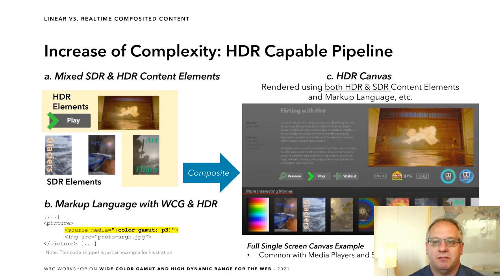The complexity of the rendering pipeline increases when content that offers properties that go beyond SDR is introduced. Such content is commonly called high dynamic range or HDR. Now, the challenge for an HDR-capable rendering engine is that it must be able to ingest content elements with varying encodings, luminance brackets, and color gamuts, and composite them to the canvas in a perceptually meaningful and consistent way.